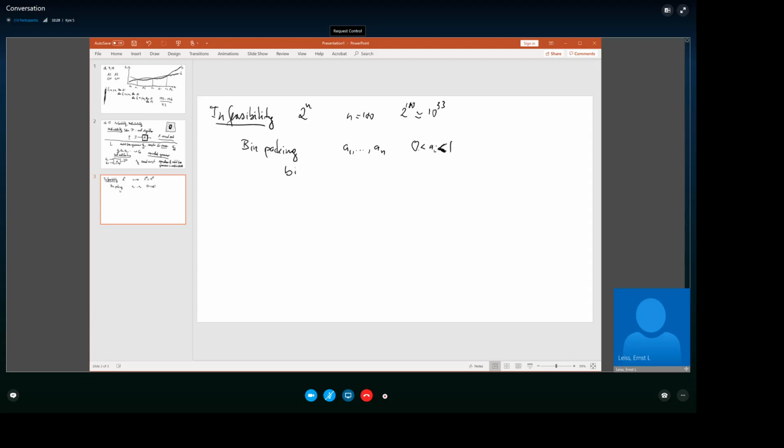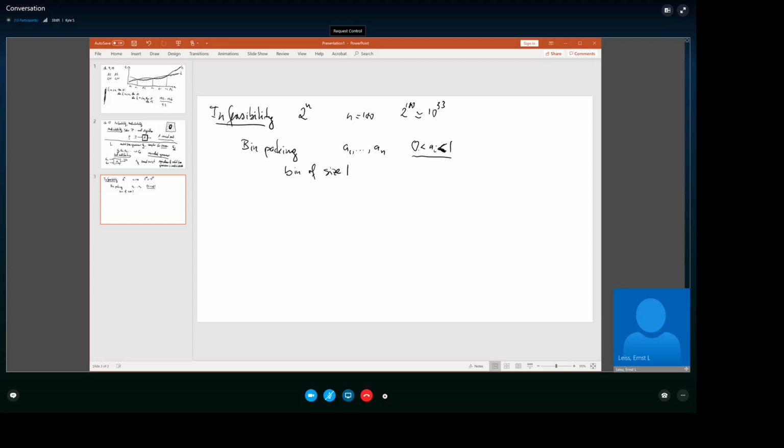Bins are of size 1. So if an item is of size 1, it obviously occupies that bin and nothing else can be put into it, and therefore those items are completely uninteresting. We just throw them out. The same thing for items of size 0. That's why we exclude 0 and 1 and concentrate on AI between 0 and 1.